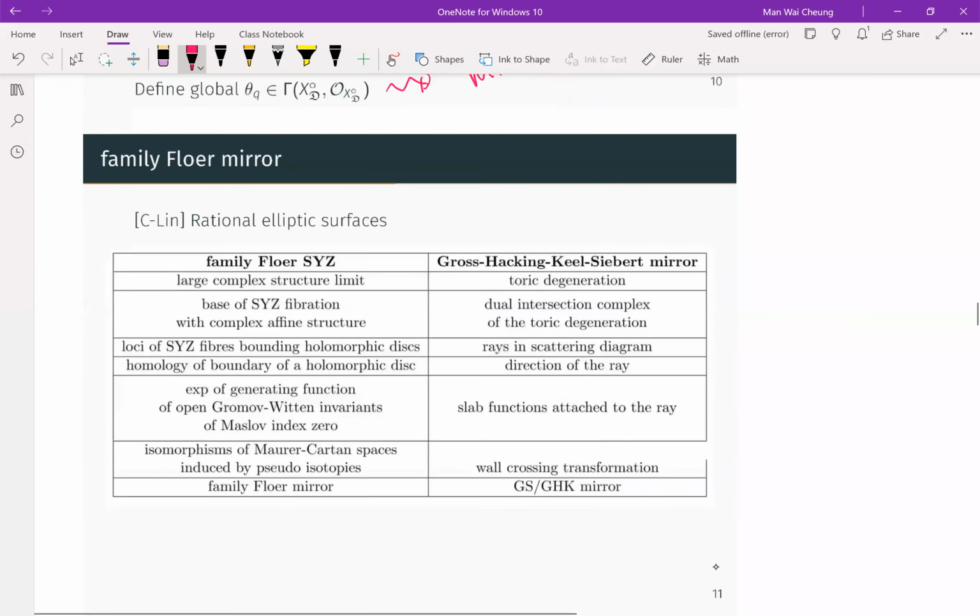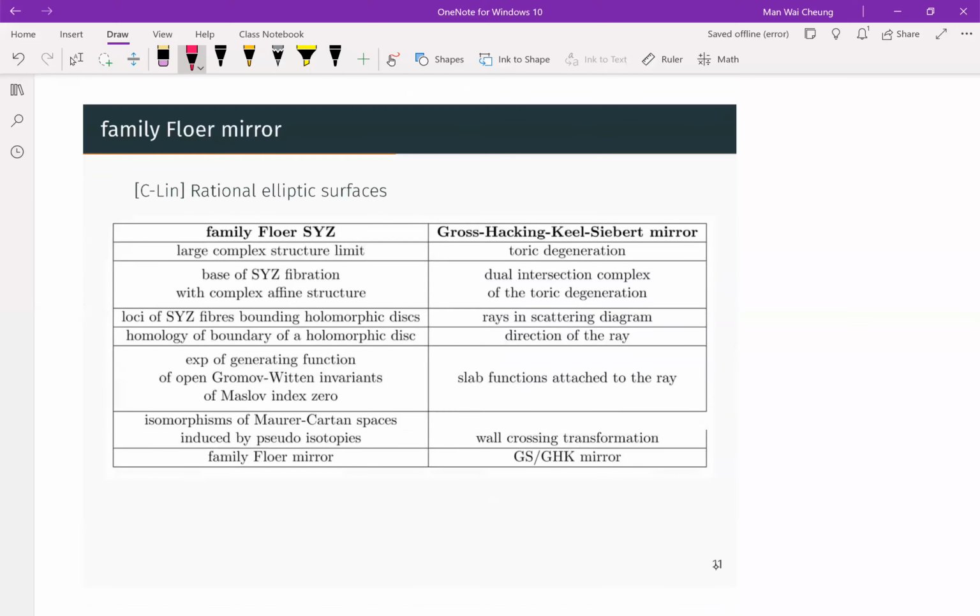So usually, what we do is we translate this algebraic setting to the family Floer setting. So what we do is we do it for rational elliptic surfaces of three types that we are going to see. Like this is the Gross-Hacking-Keel mirror construction. We have a scattering diagram, like I said, which is the data of rays.